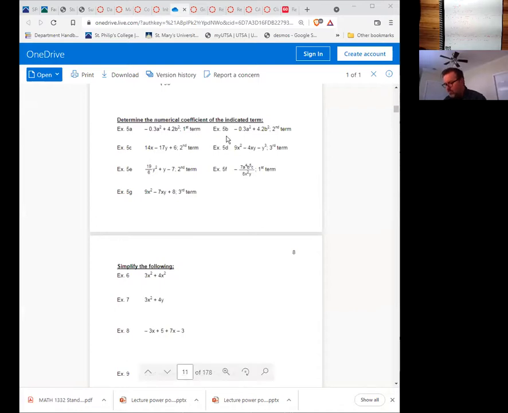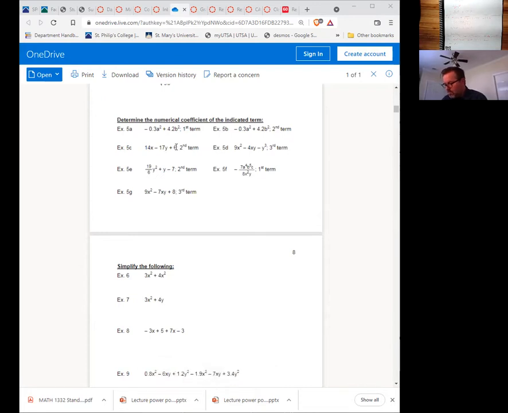So look at part B. What is the coefficient of the second term? What do you guys think? Right, so it's going to be first and then second. So you would just write the number, right? So you would write on your paper just 4.2. Over here, you have 1, 2, 3 terms.